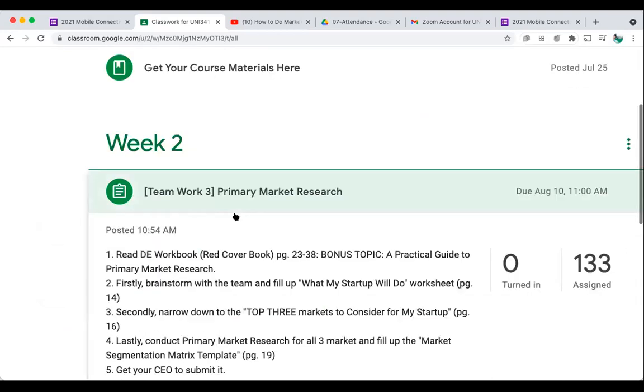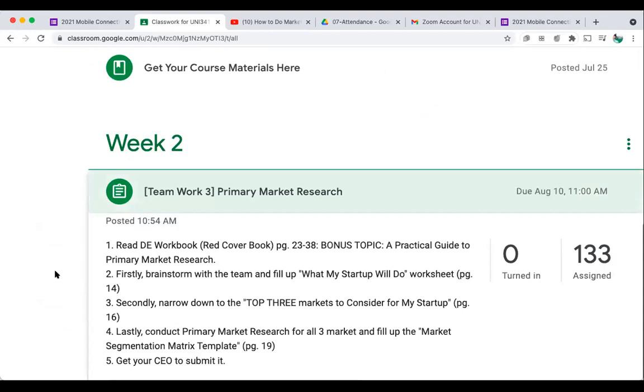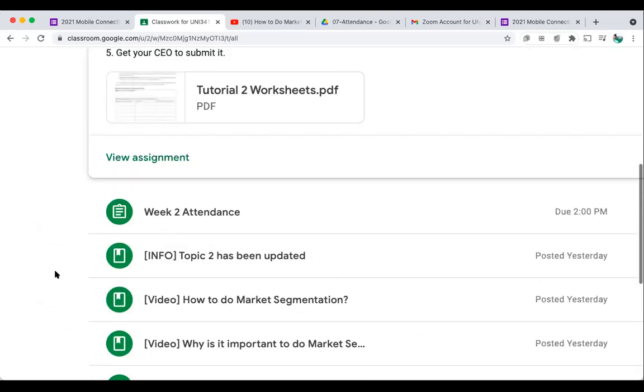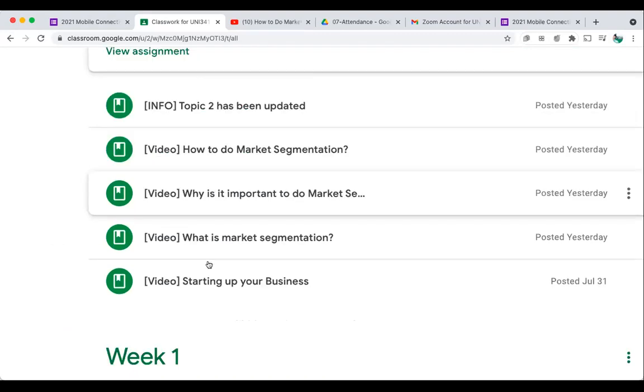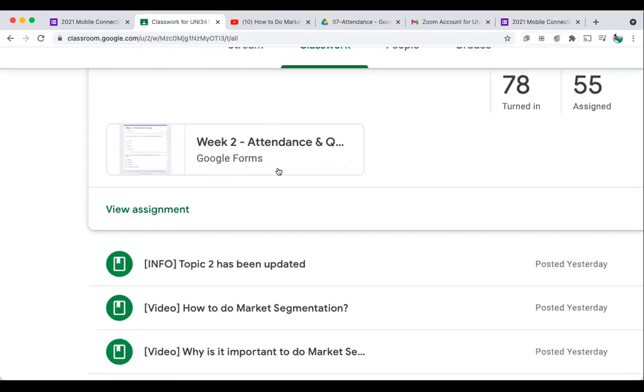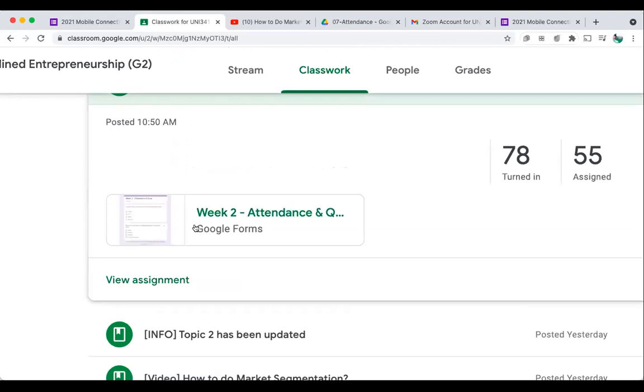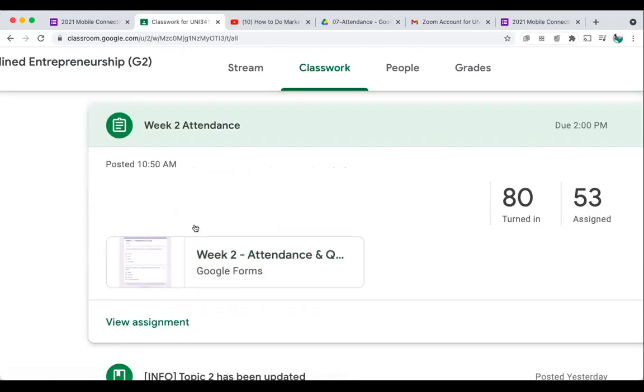Now, to be a bit more fair, I think it's good for you to go and take your own attendance as well, right? So from week 2 onwards, you have to attend some sort of quiz. You can just open this up, and while taking this quiz, you can also take your own attendance. This attendance will be due at 2 p.m. later.